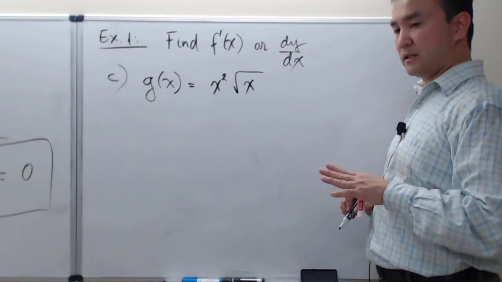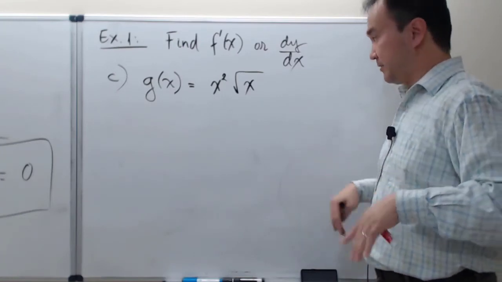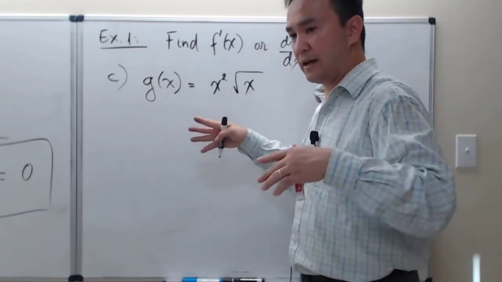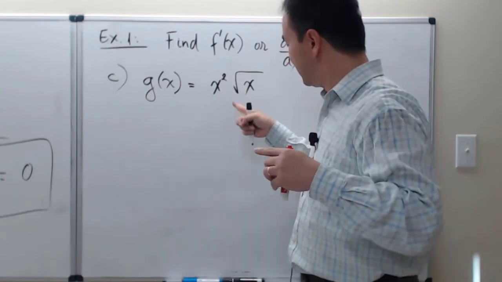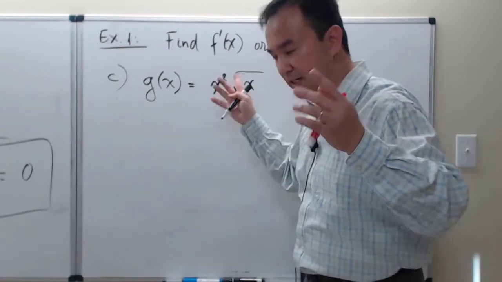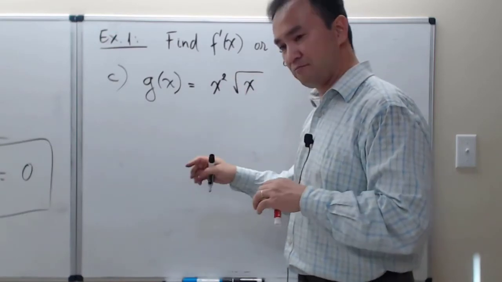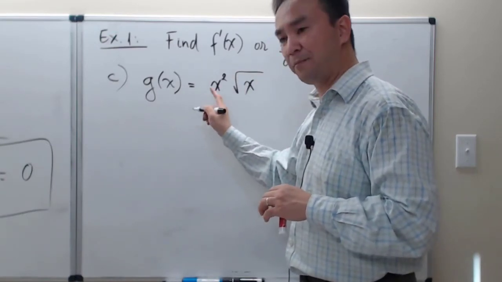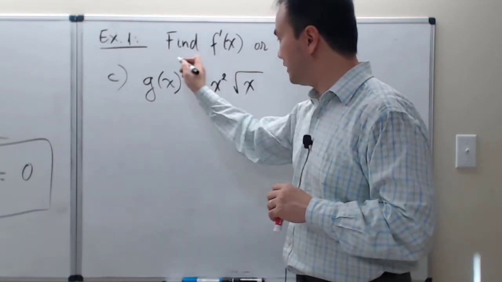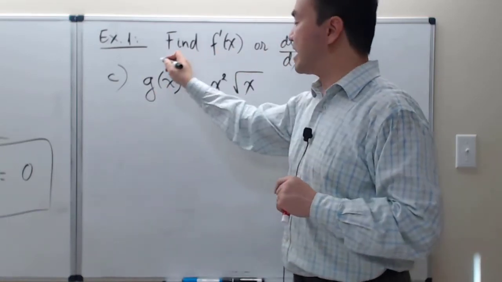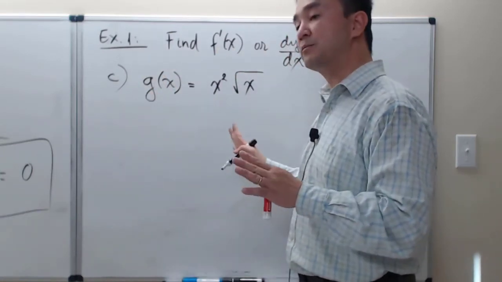So it looks completely scary at first, okay? But once again, before we can apply the power rule, we have to find our way to re-express this so that it completely displays only one power.